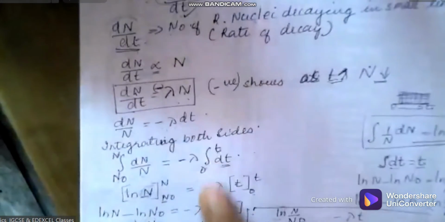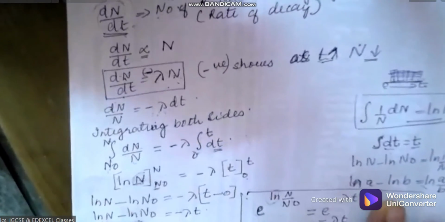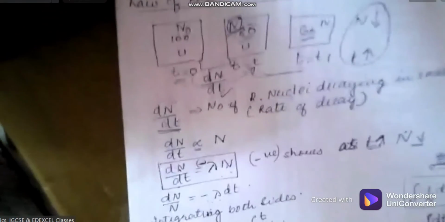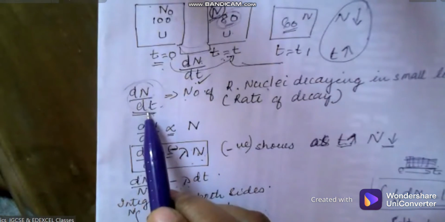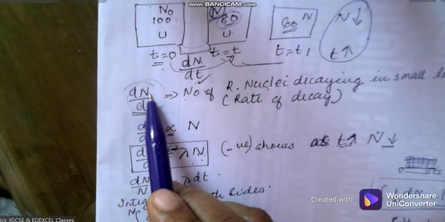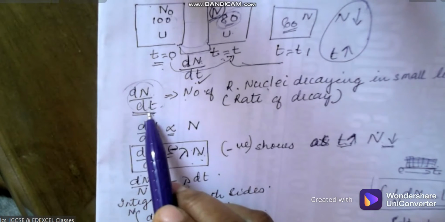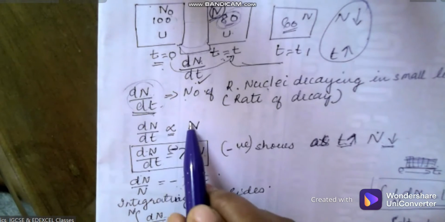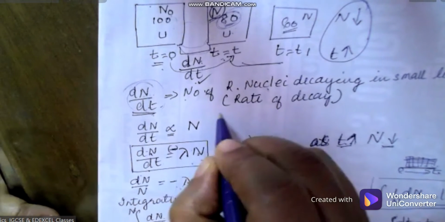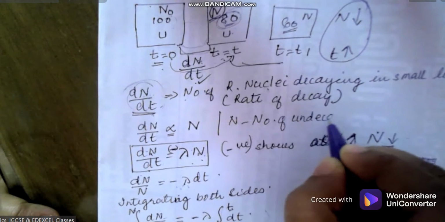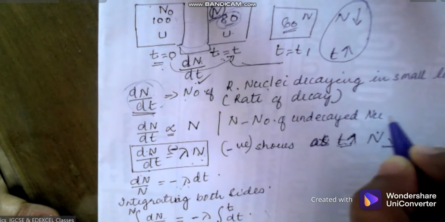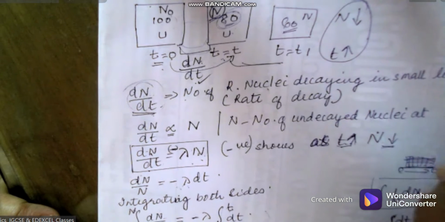Yes. Okay, so I want you to take down this derivation at the moment and memorize as you write. So what does the law of radioactive decay say? The law of radioactive decay says that the rate of decay, the number of nuclei decaying in a certain time, is proportional to the number of undecayed nuclei, where n is the number of undecayed nuclei at that moment.